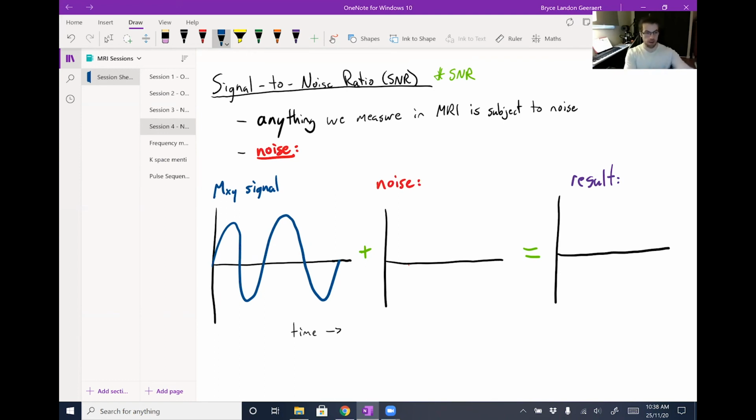Now we also have noise, which I haven't talked about before. Noise is just intrinsic random error that's intrinsic to the machine that we're using, right? Noise can be defined as random or sometimes referred to as stochastic. Same thing, random error due to normal machine functioning.